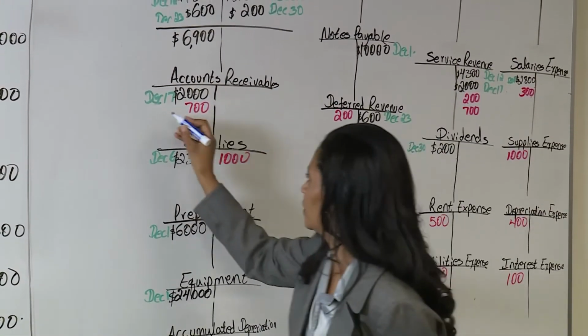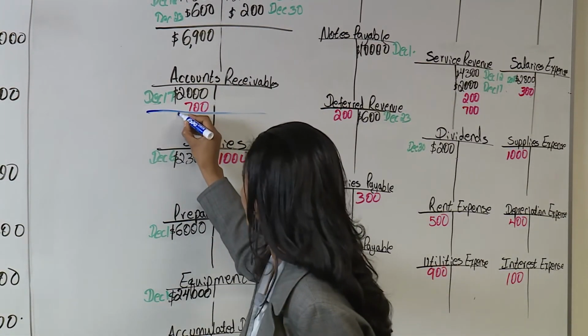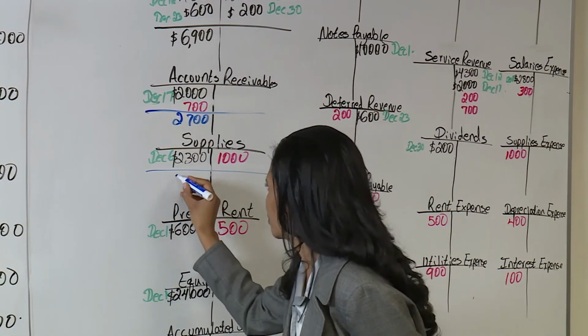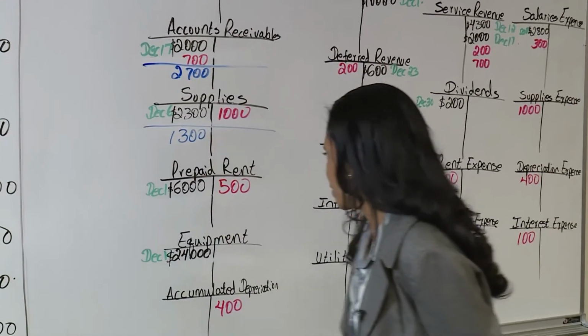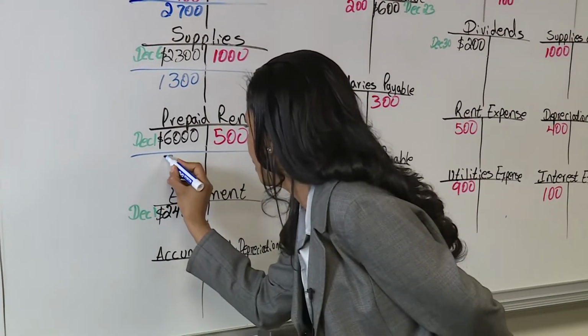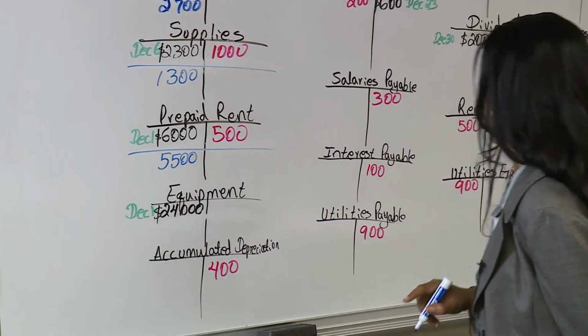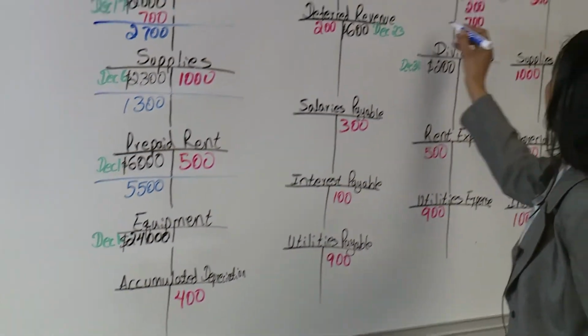For the rest of them, if I calculate the balance, now I have the adjusted balance, which is, in this case, 1,300, which is the remaining, if you remember, 5,500, again, the remaining. This one and this one will have only one balance in there.